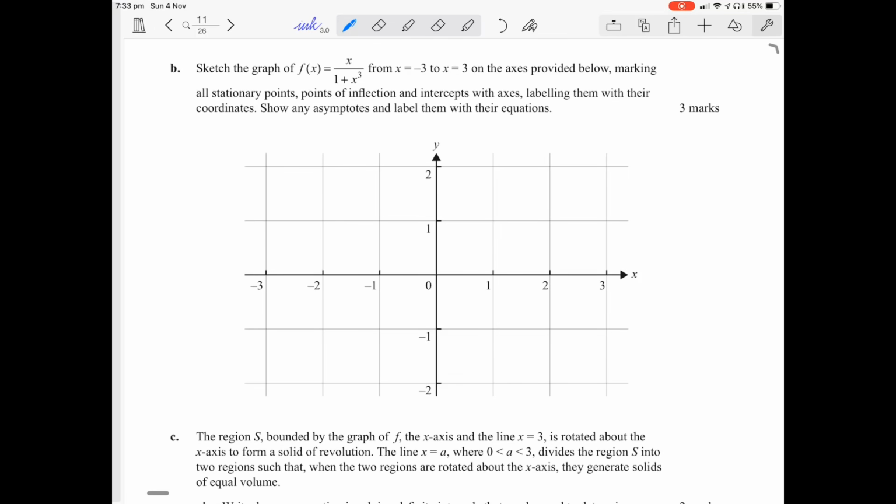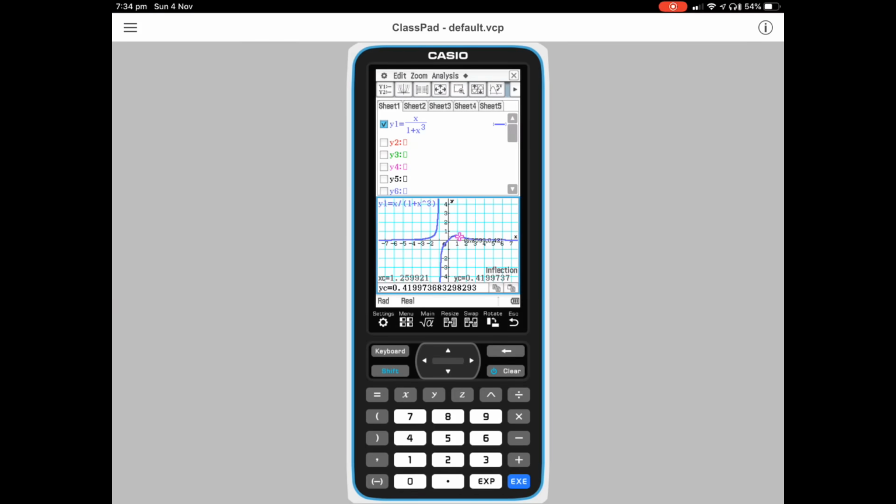Okay, sketch the graph from -3 to 3 on the axis provided. Okay. So we know we've got x is -1, we know y is equal to 0. That approaches that, it goes through 0, 0.